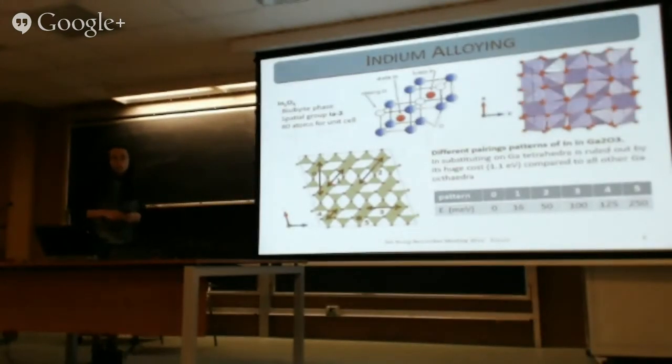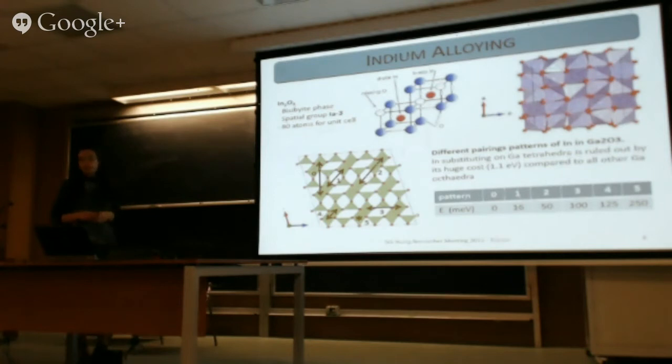To tune the band gap of the gallium oxide, I've considered indium, and then indium oxide, that has a big split phase in which indium has a six-fold and four-fold coordination.